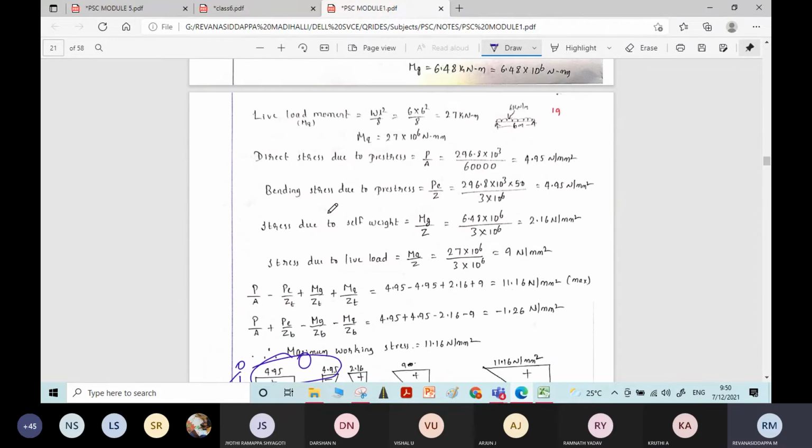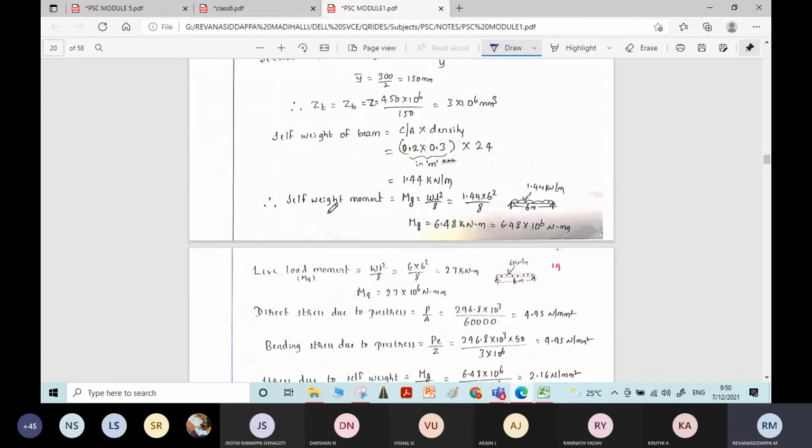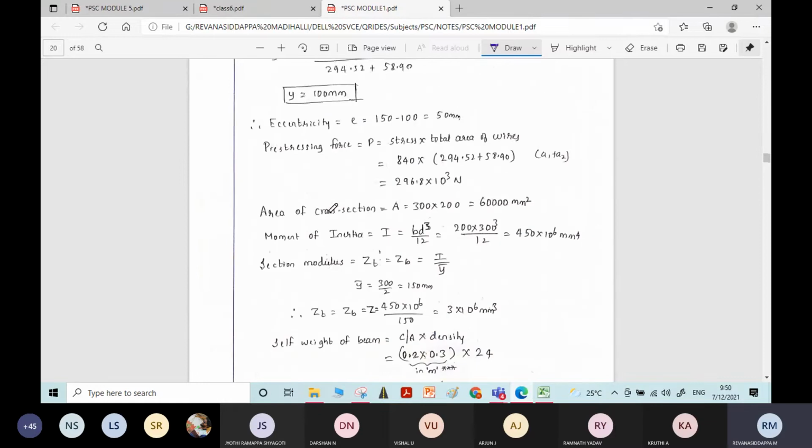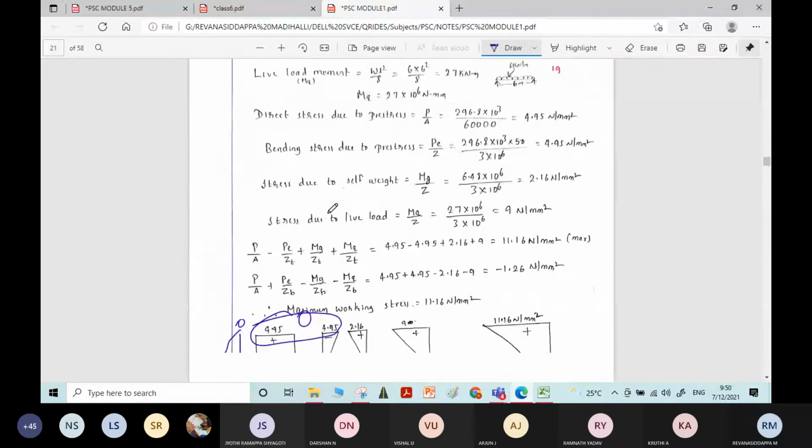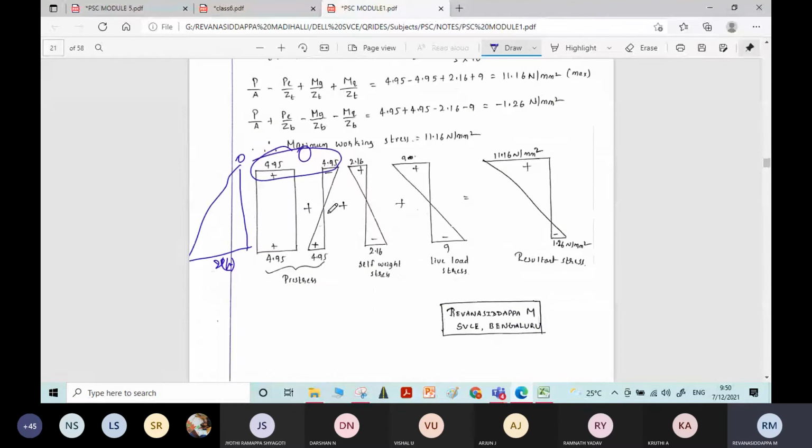For every section there will be a kern point where, if the pre-stressing force is applied, the top fiber stress will be 0 and the bottom fiber will have 2 times the direct stress, 2 times the 4.95.